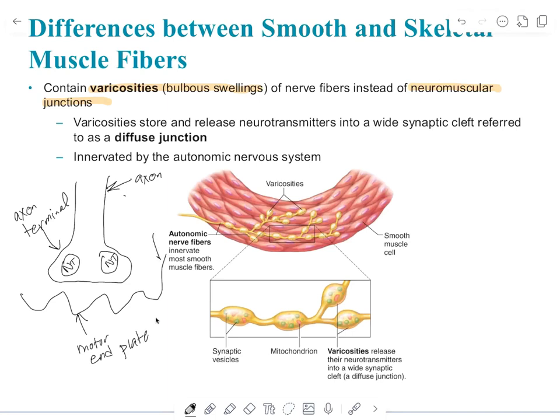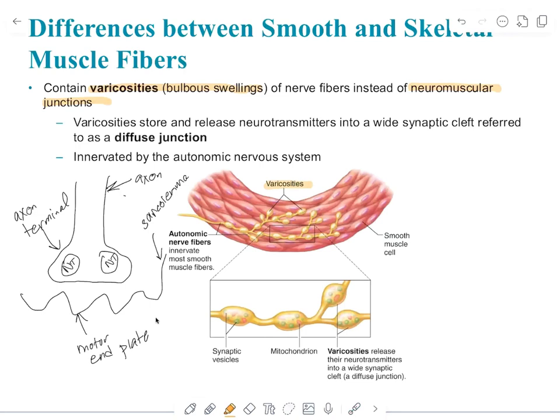the continuation of the motor end plate membrane is that sarcolemma. So this is what we have in skeletal muscle. However, in smooth muscle, we have varicosities in place of the neuromuscular junction.